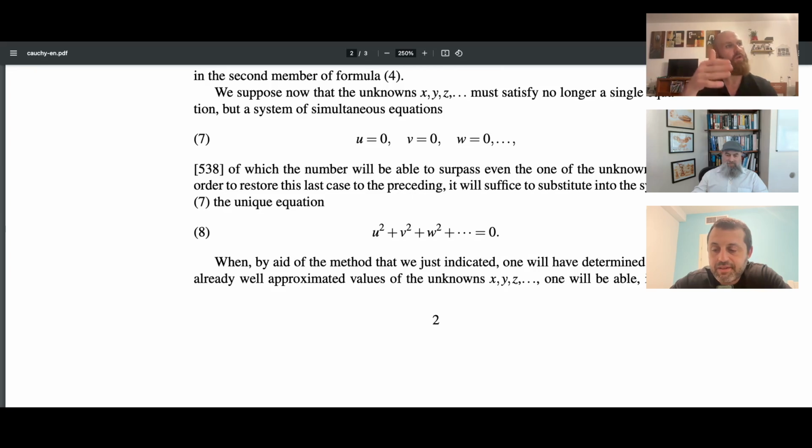So he says, okay, cool, there's u equals 0, v equals 0, and w equals 0, etc. So what we can do is define a new function which takes each one squared and adds them: u squared plus v squared plus w squared, etc. equals 0. Because it's squared, the only way it will be 0 is if each one of those equations is 0.